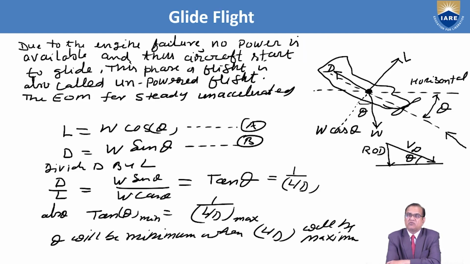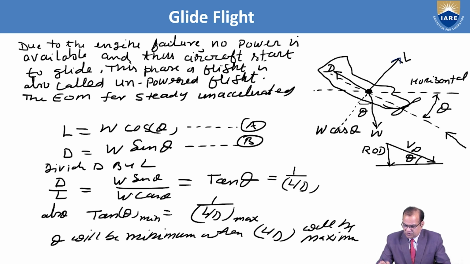Now I will discuss the glide flight. So here is the diagram. Your aircraft is gliding downwards with some angle theta. The weight is in this direction, lift is in this direction, drag is opposite to the motion, and there is no thrust.